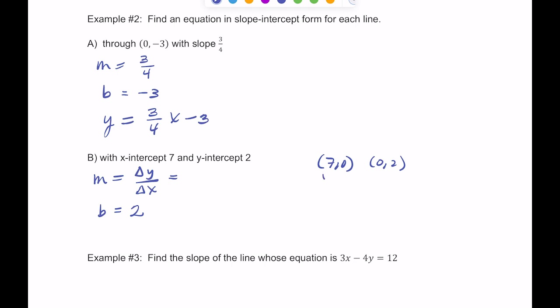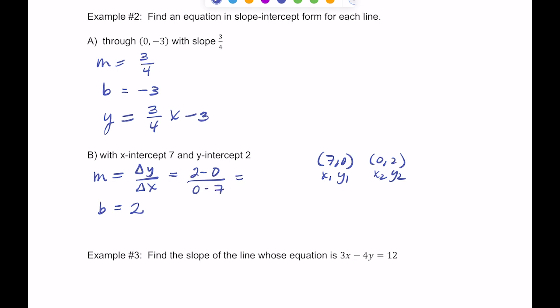So if I designate one of them as my x1, y1, and my other is my x2, y2, I could just simply plug in here 2 minus 0 over 0 minus 7. And here you get negative 2/7. So now my equation is just y equals negative 2/7 x plus 2.